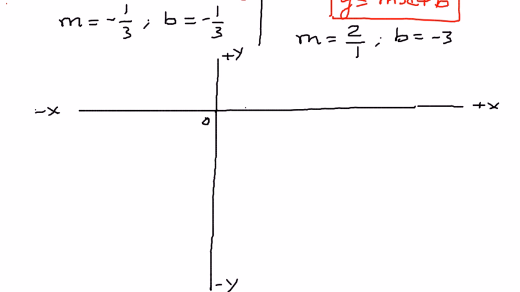And then we'll pick some points here: 1, 2, 3, 4, 5, 6, 7. If we need more points, we'll come back and locate them. Then 1, 2, 3, 4 on the negative side: negative 1, negative 2, negative 3, negative 4.